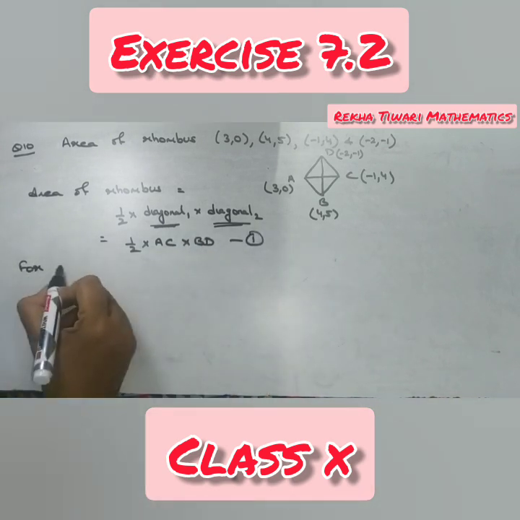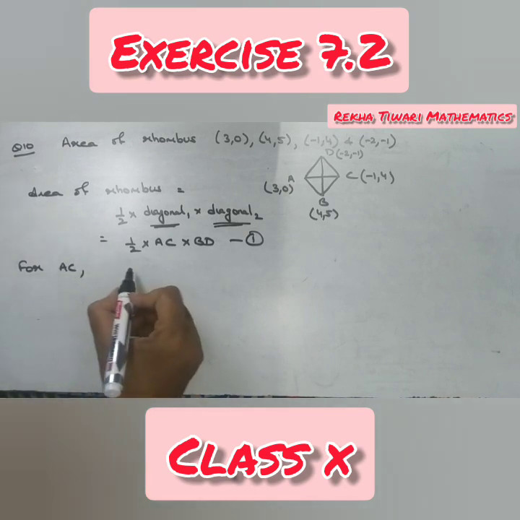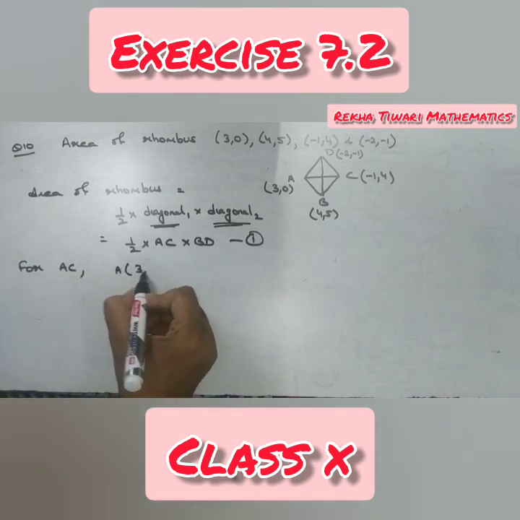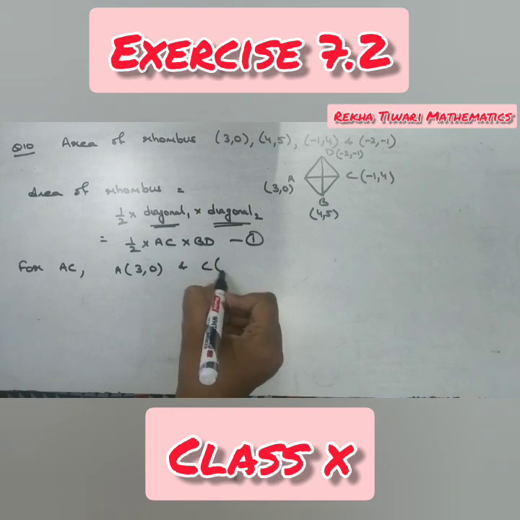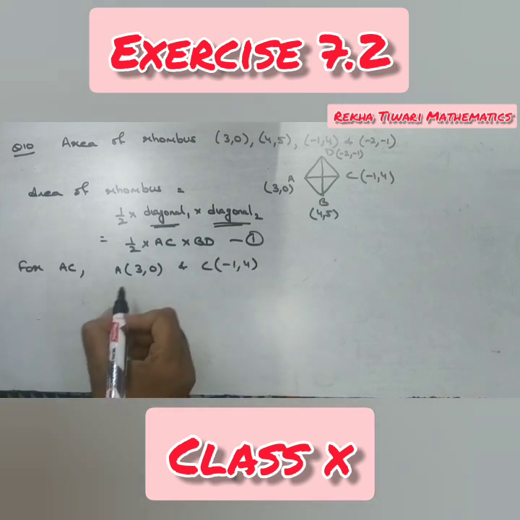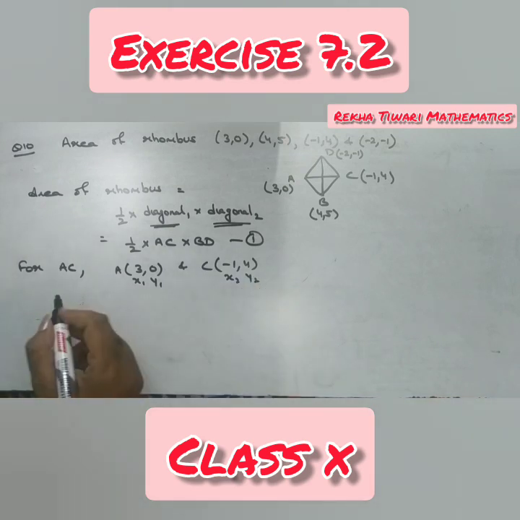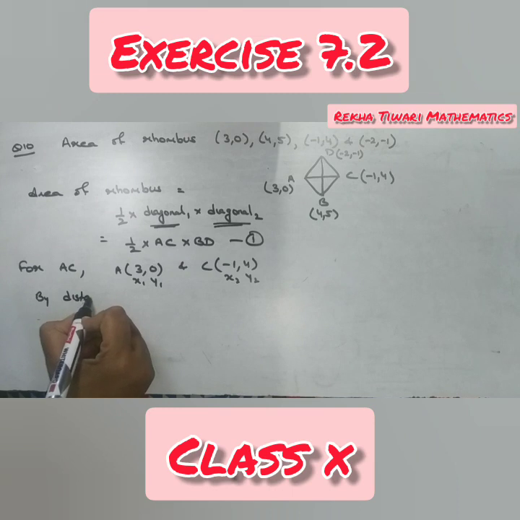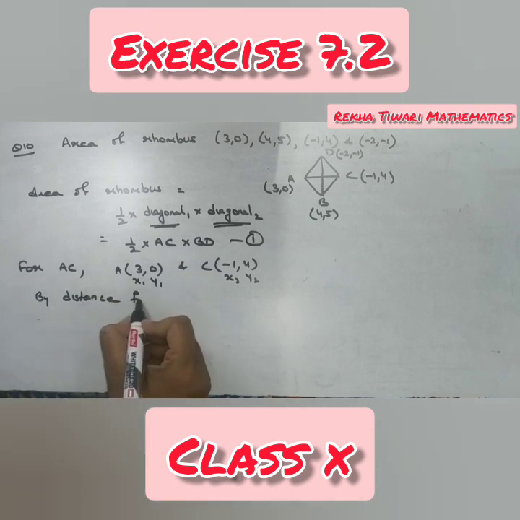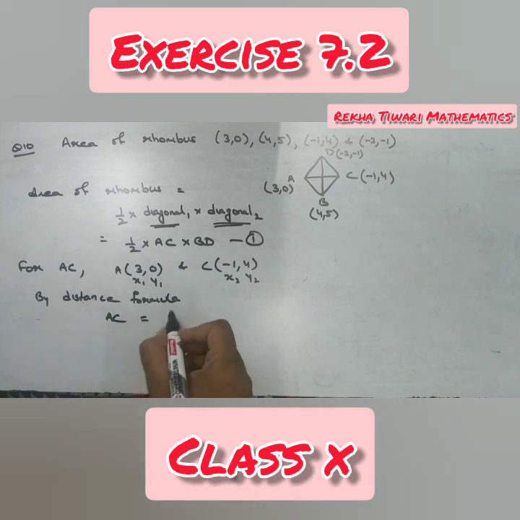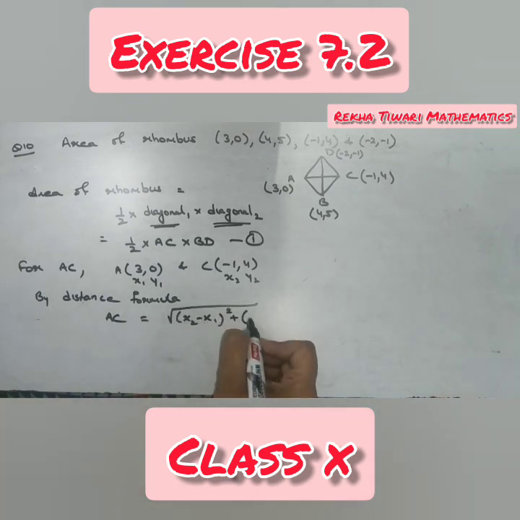So for AC, take down the points A and C. A is (3, 0) and C is (-1, 4). This is x1, y1, x2, y2. So by distance formula, AC is root of (x2 minus x1) whole square plus (y2 minus y1) whole square.